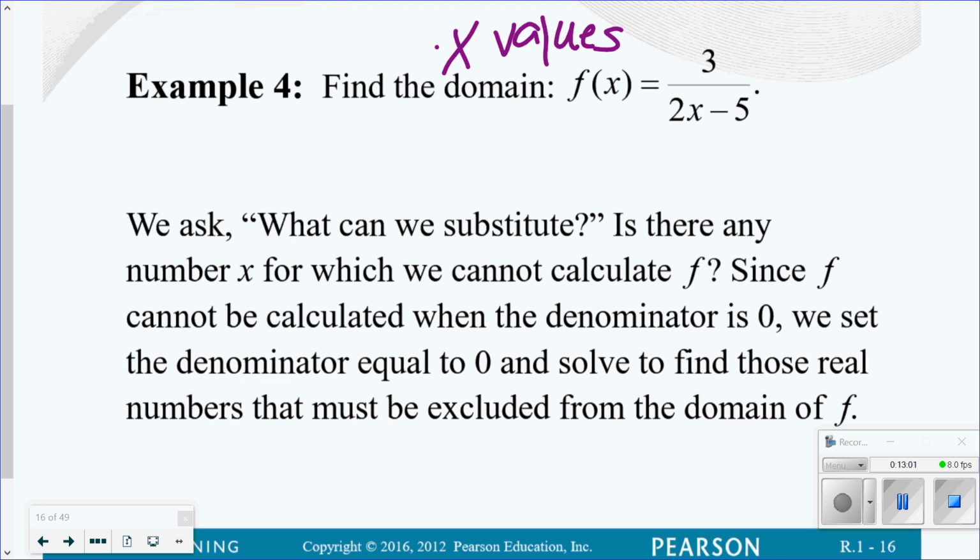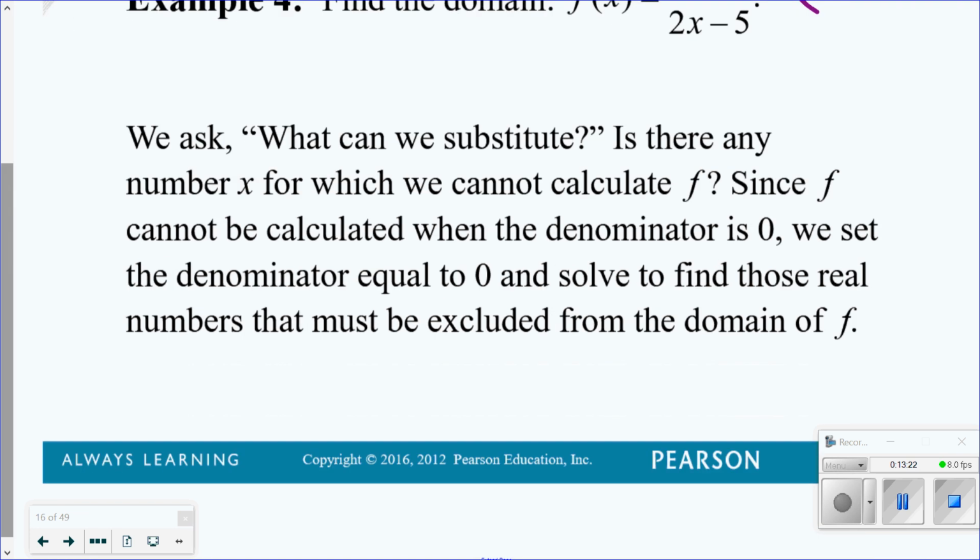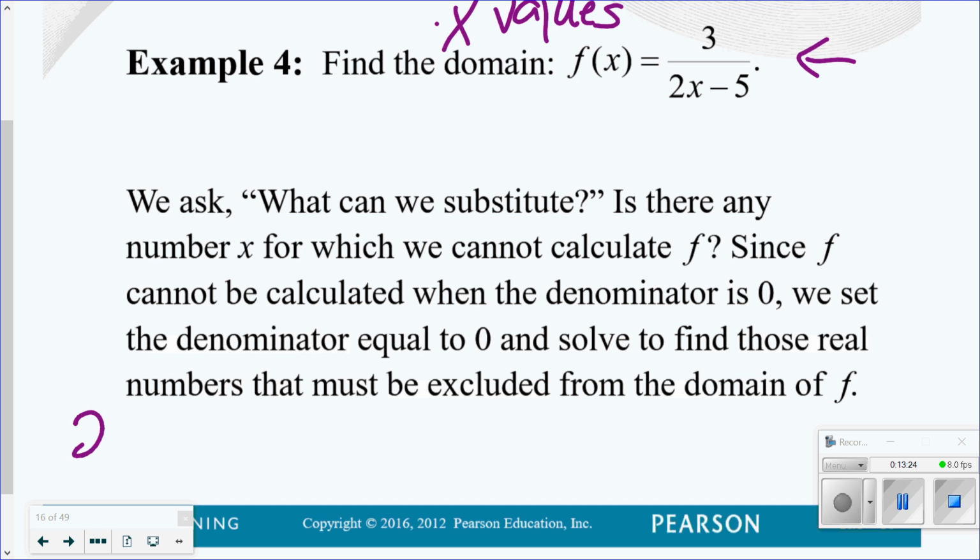I cannot have a denominator that is equal to 0. I can't have a 0 in the bottom of a fraction. Okay, so this one is a fraction, so we have a possible problem. The way you work it when you have a fraction, take the denominator. In this case, our denominator was 2x minus 5.